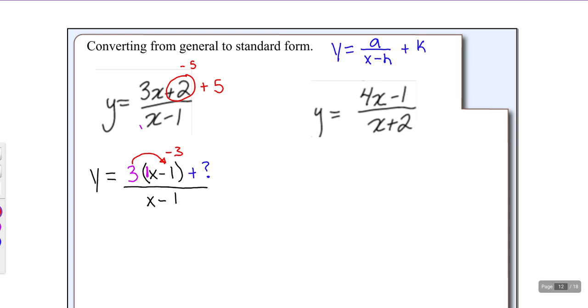So I'm going to subtract 5 away from the plus 2, and I'm going to add 5 afterwards to balance out the fact that I subtracted 5. So your expression would now look like this. Three times x minus 1 plus 5.